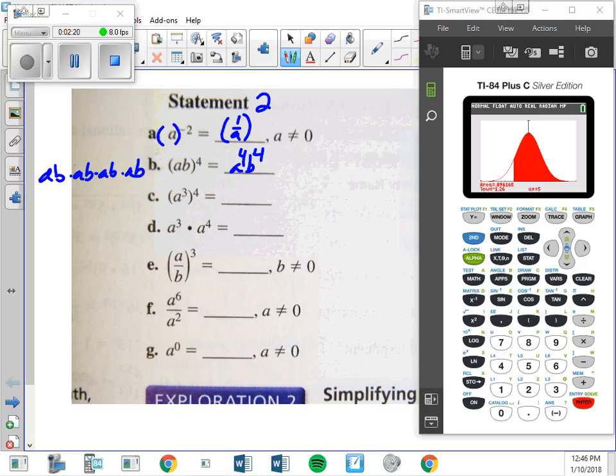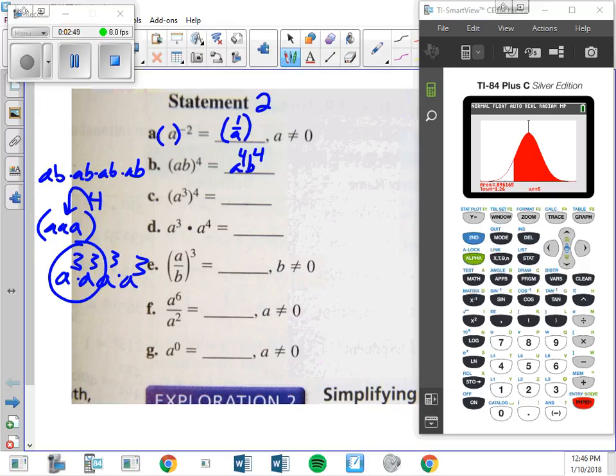So the inside one, the a to the 3rd, is actually a, which we condense into a to the 3rd. It says we want 4 copies of this. Does that make sense? So what would 4 copies of this look like? A to the 3rd, A to the 3rd, A to the 3rd, and A to the 3rd. We would write that A to the 3rd 4 times.